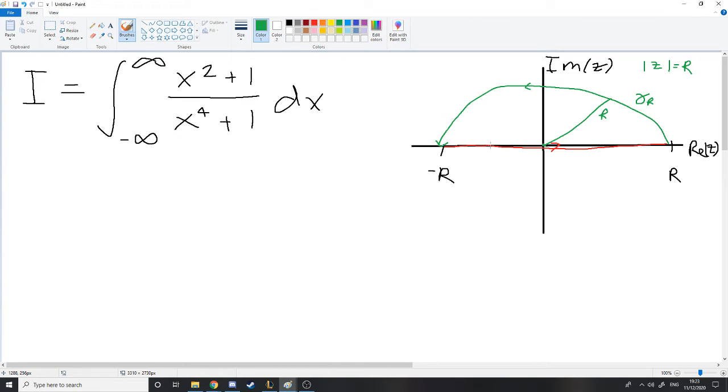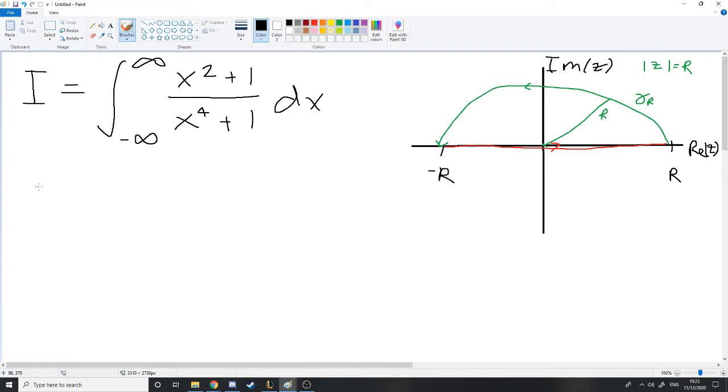Now that we're considering this path, we can make use of different theorems for complex integrals and use the singularities of the function to solve the integral.